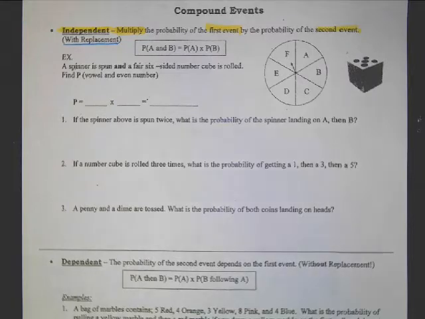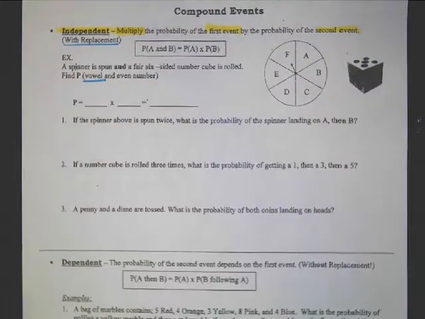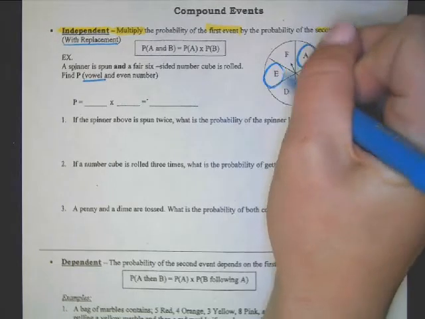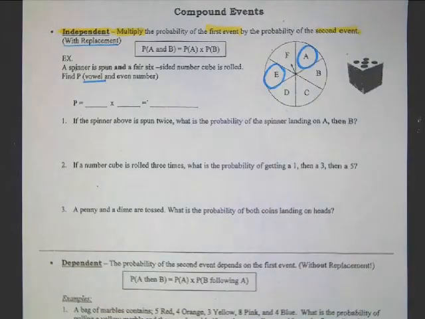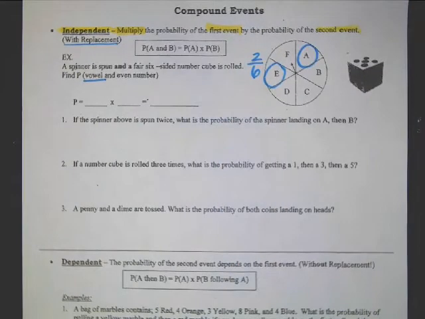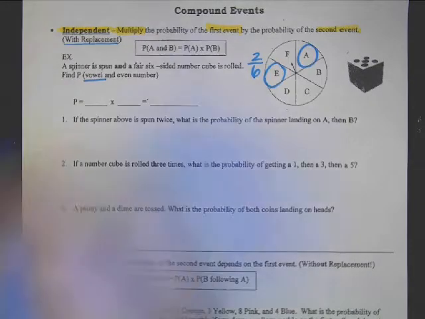In the spinner, I have the letters A, B, C, D, E, F. A vowel is a letter that's A, E, I, O, or U. I see the letter A and the letter E. That means that 2 out of 6 of my letters are vowels. I can use the fraction 2/6, but I want to simplify it to 1/3.